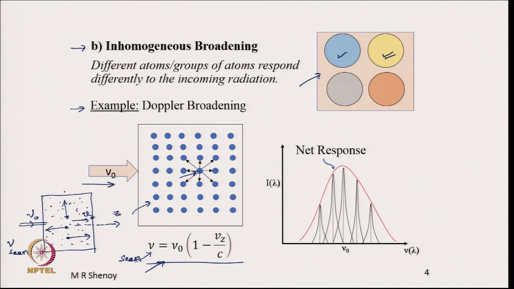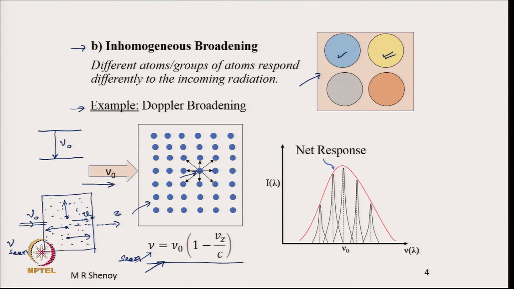Atoms which are travelling in a perpendicular direction will see no change, and atoms which are travelling in the direction of the radiation will see a lower frequency. And therefore, take the same atomic system, let us say a 2 level system characterized by a certain resonance frequency, nu 0, the actual resonance frequency. If the incident radiation has frequency nu 0, all of them should have responded to it, that is, emission or absorption should have taken place.